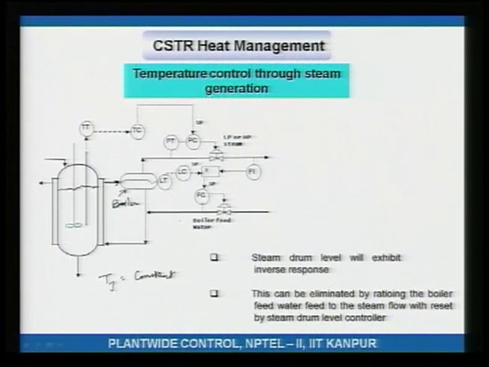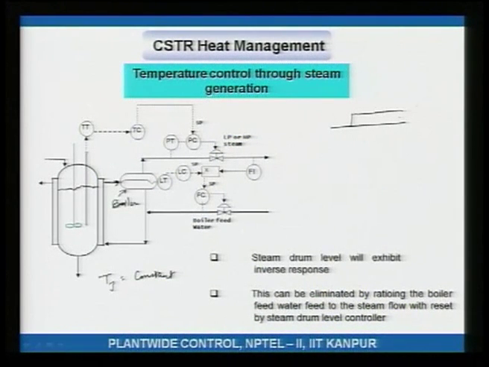You see, what happens in boilers is, level shows an inverse response. So, for example, let us say if I open the steam valve and the flow rate of the boiler feed water is constant. At steady state, flow rate of steam and flow rate of boiler feed water will be equal, then the level will be constant. Okay.